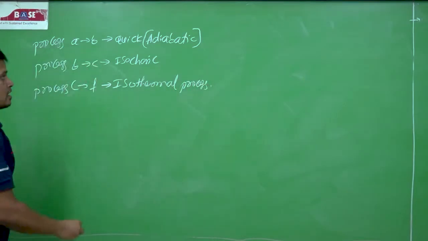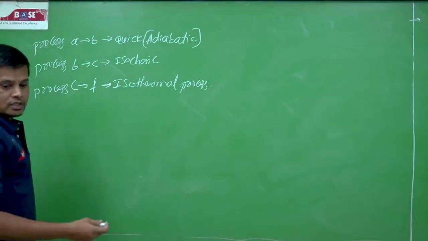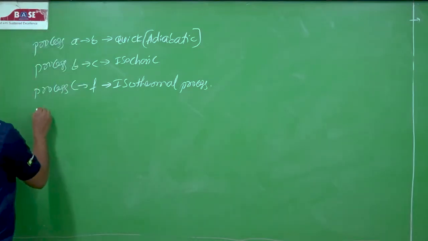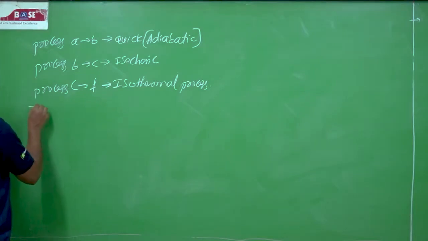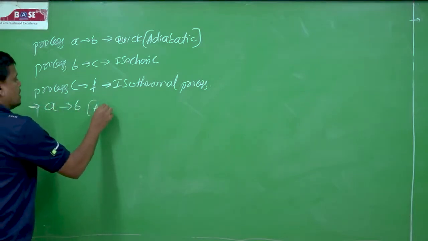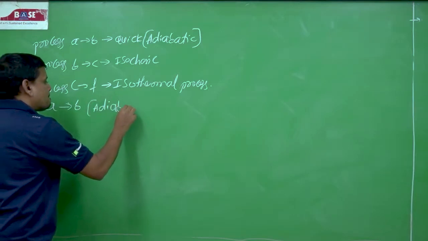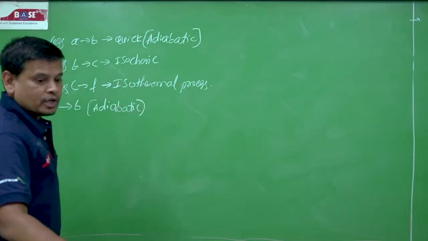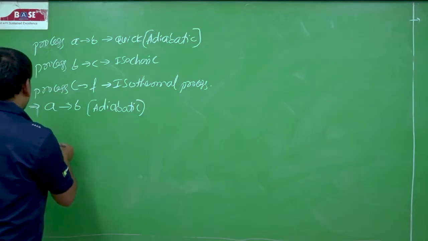Now with these things, let me first derive the things. Process A to B, adiabatic. Let me take the given values.